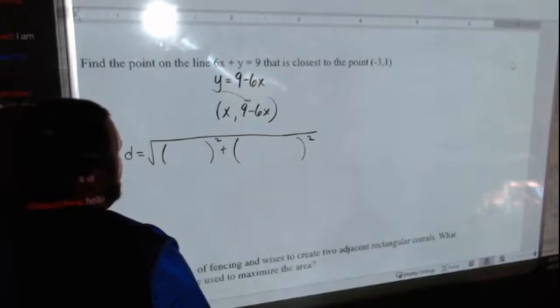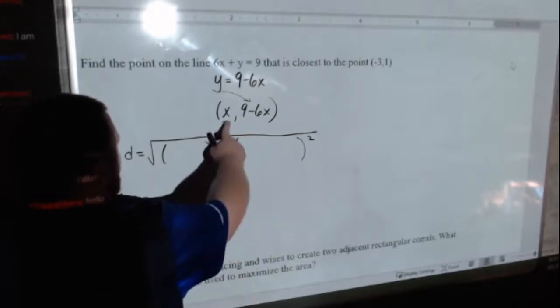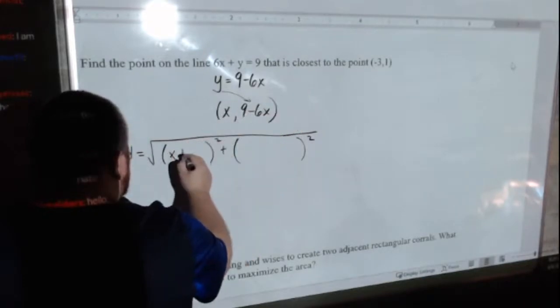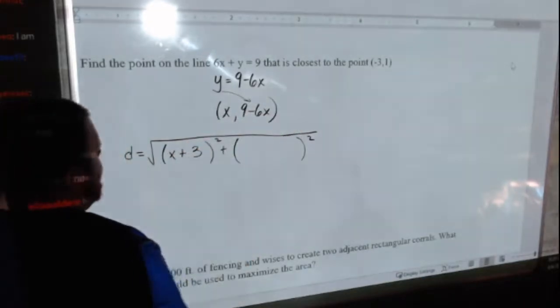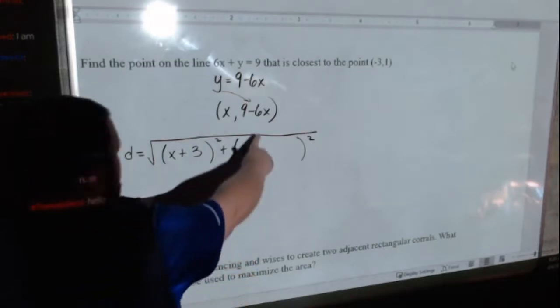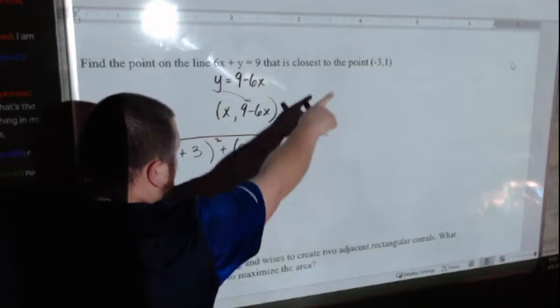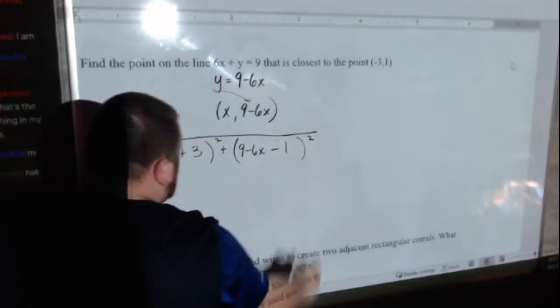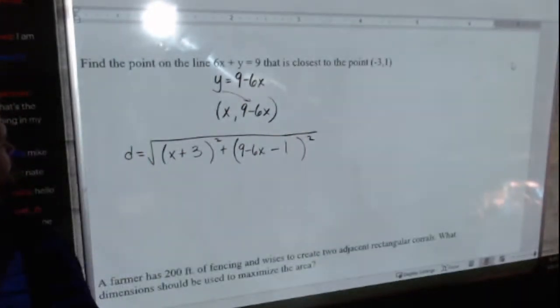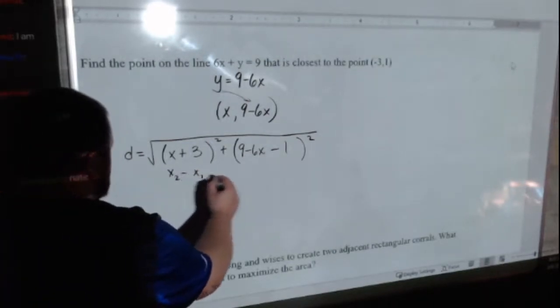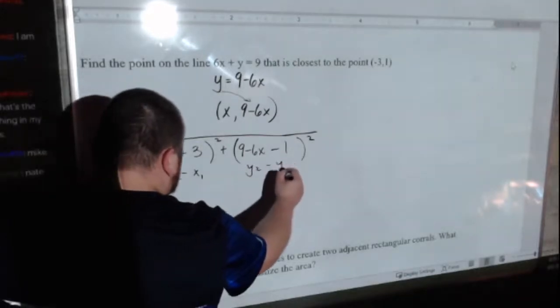So this would be x minus a negative 3, or x plus 3. And then this side would be 9 minus 6x, all minus 1. Because this is x2 minus x1, and this is y2 minus y1.